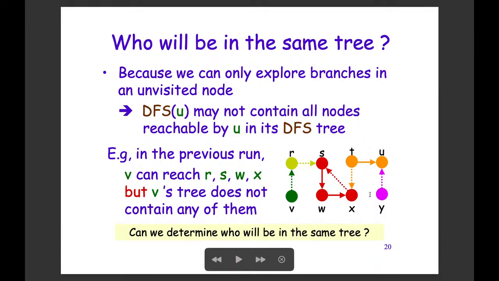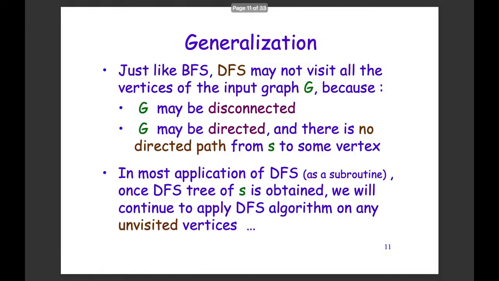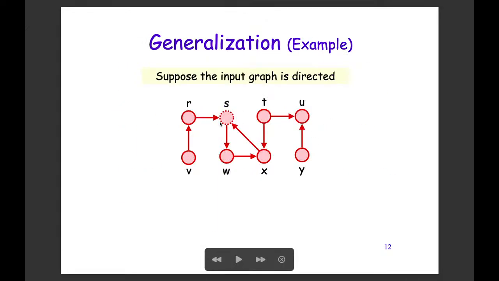So how can we decide which nodes will be on the same tree? So at the beginning, if we run DFS on S, how can we determine that W and X will be on the same tree? And by the time we are starting to run DFS on T, how do we determine what will be in the same tree as T?